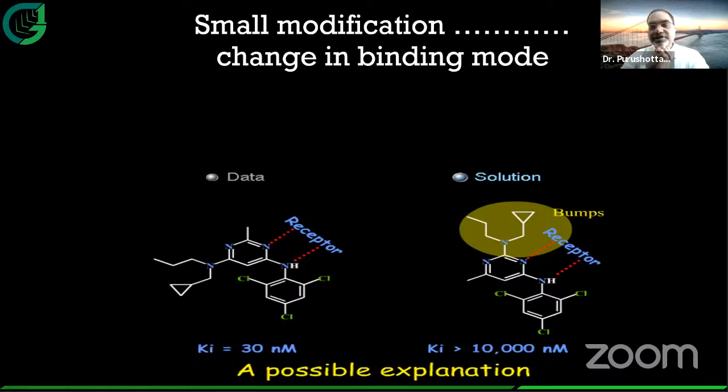When you make a small modification in your medicinal chemistry and get the surprising result that the molecule is totally inactive, I will request you to investigate whether it is causing structural or configurational changes in your scaffold. This slide is teaching us this part of medicinal chemistry projects, chemical modifications, or drug design.